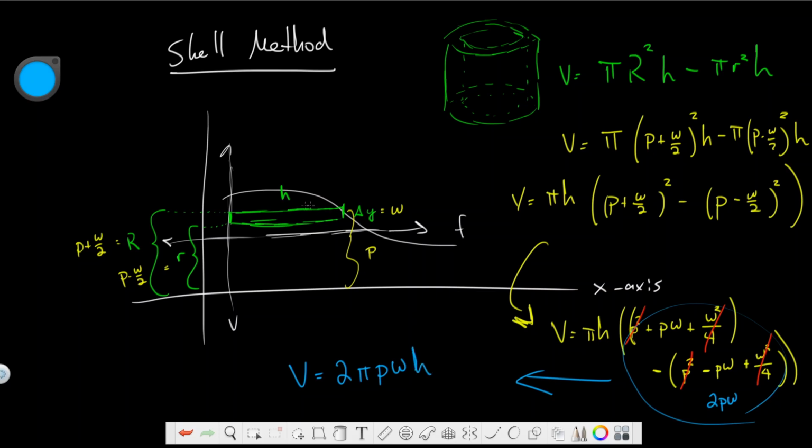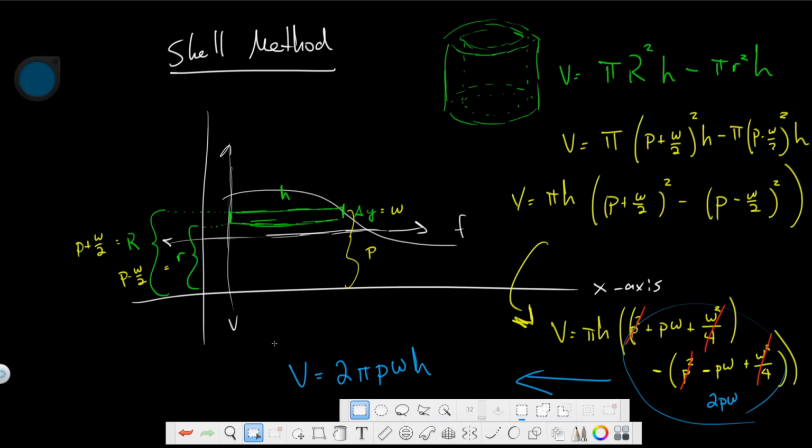The volume of this rectangle revolved around the x-axis is 2 times pi times the average radius times the width, which ends up being delta y for us. This is the thing that's going to vary. This is the thing that we're going to take the limit as delta y goes to 0. And then the height just is whatever it is. It's going to be based on whatever this function is.